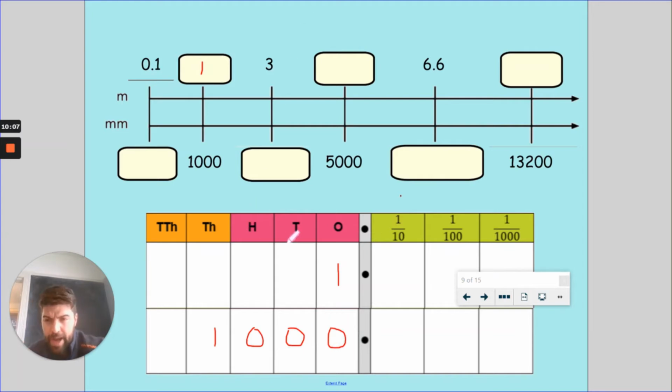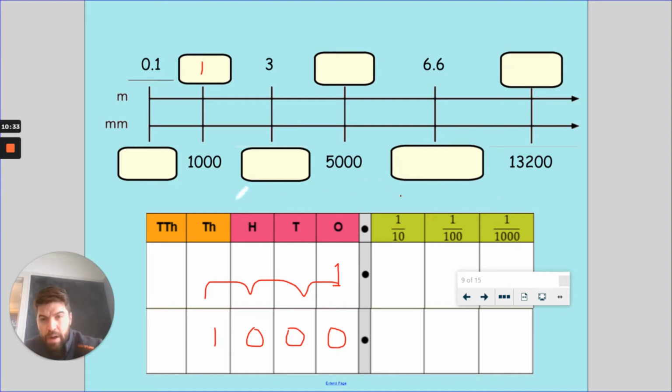Now to do that, I must have done a certain operation. Something must have happened to go from 1 to 1,000. Let's look at it in a little bit more detail. Well, I can see that my number has gone 1, 2, 3 columns up. My ones digit, the 1 here, has moved up 3 columns, and then I've just got placeholder zeros to complete it.